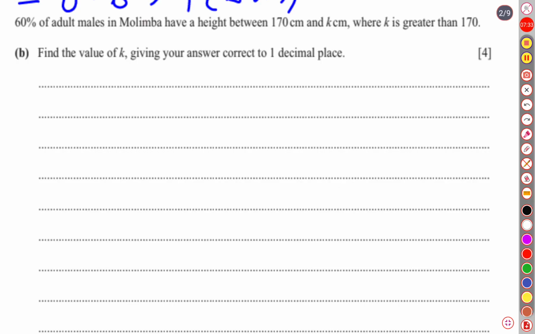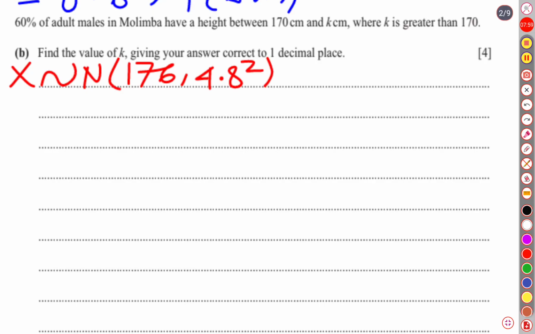We are still under the same normal distribution, so X belongs to normal distribution with mean 176 and variance 4.8 squared. We are reutilizing the same information because we are still under the same distribution.